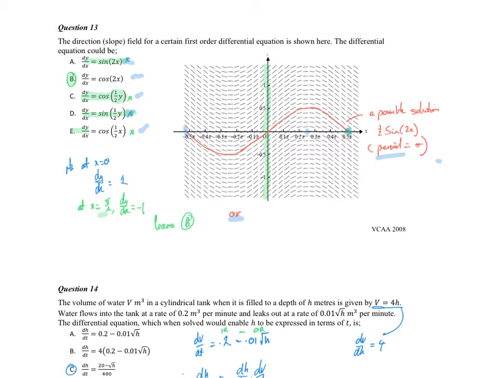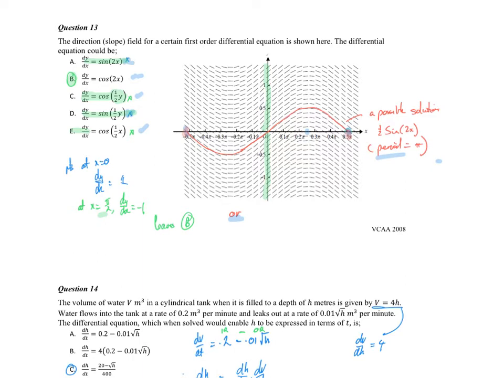Okay. The other way to consider it is what I've done here in red, is just followed a line and drawn a possible solution. And clearly from the graph, we've got a sine graph and its period is between negative pi on 2 to pi on 2, so the period is pi.